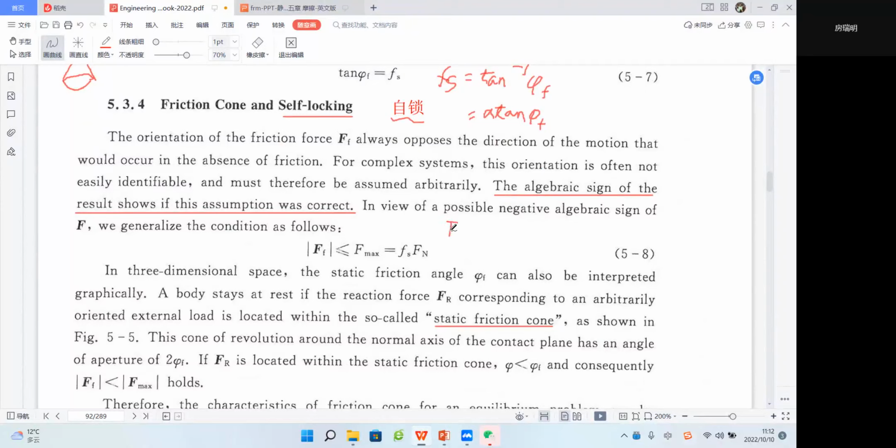And then if you find your FF has a positive value, that means your assumption is correct. If you find this FF's value is negative, it shows that its direction is opposite to your assumption, right?